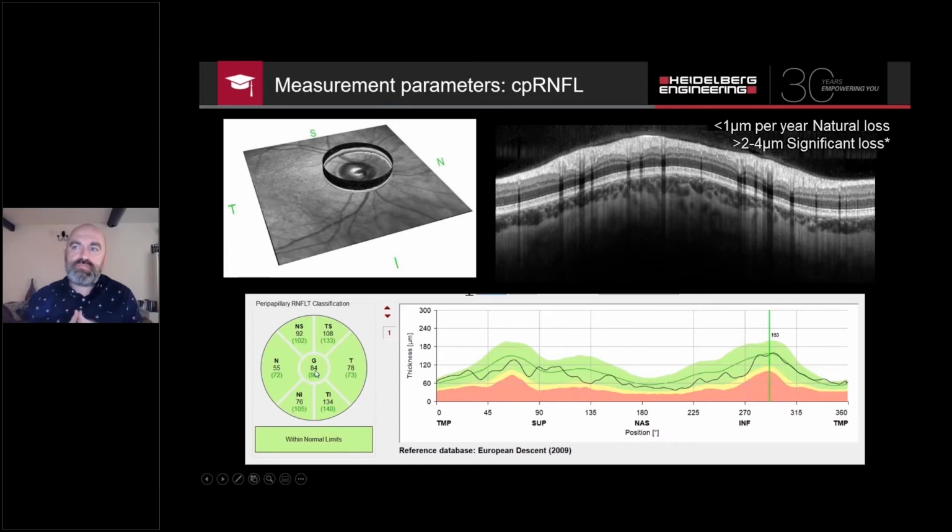That's the global amount of RNFL. Everyone starts out with around 100 microns of this structure, so 1 micron a year is generally agreed to be natural. What's seen as significant or an unnatural change can be between 2 to 4 microns of change in nerve fiber layer. But of course, that's part of the story we're trying to build up. So it's not always the single one thing that you can refer a patient from.